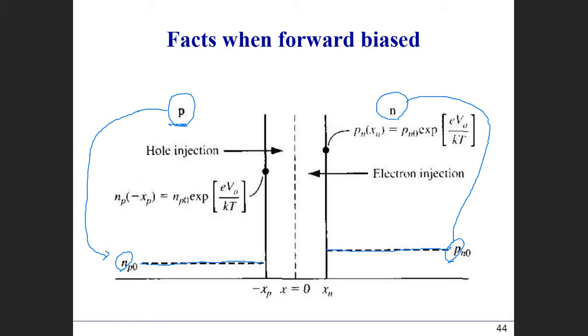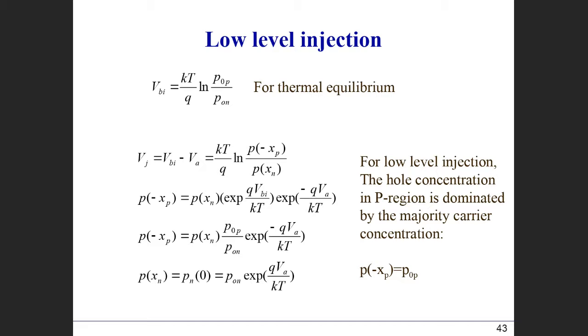Now, in this condition we apply the VA. Okay. So in the PN junction, you have P and N, and we apply the VA. So when you apply this VA, let's go back to the previous slide. We get this conclusion in here, which means in the N side, your new hole concentration will follow this equation.